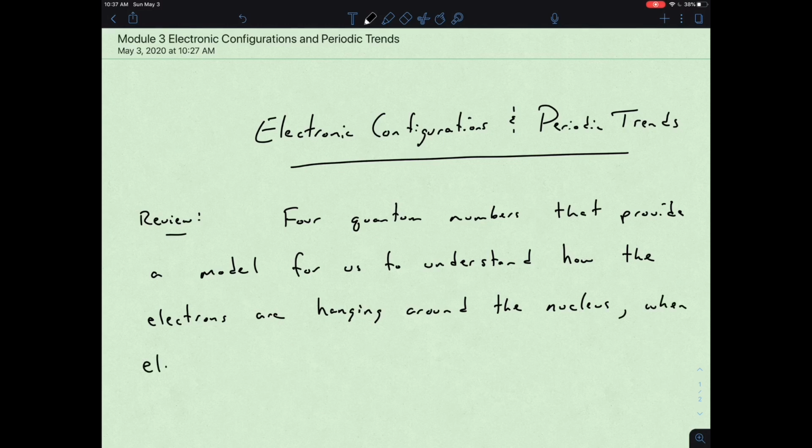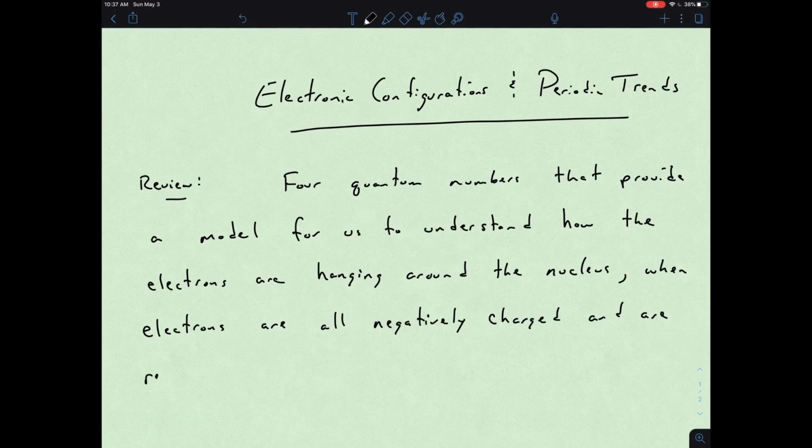When electrons are all negatively charged and are repelling one another, this is like basically 2 negative ends of a magnet.